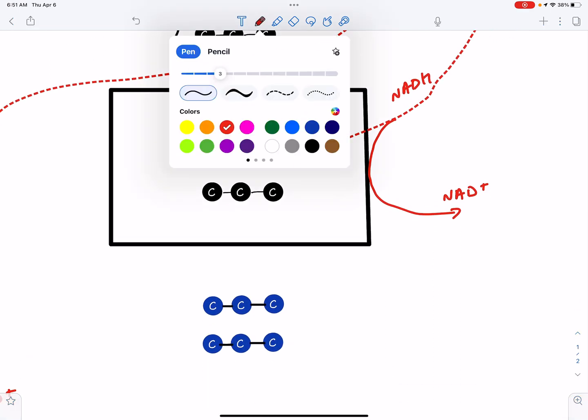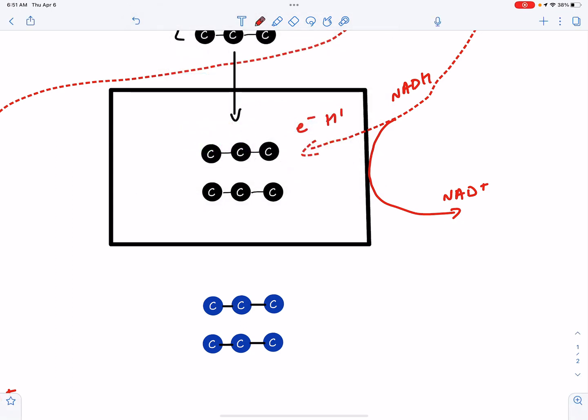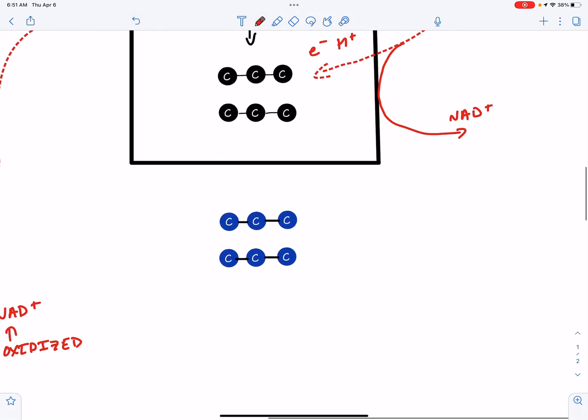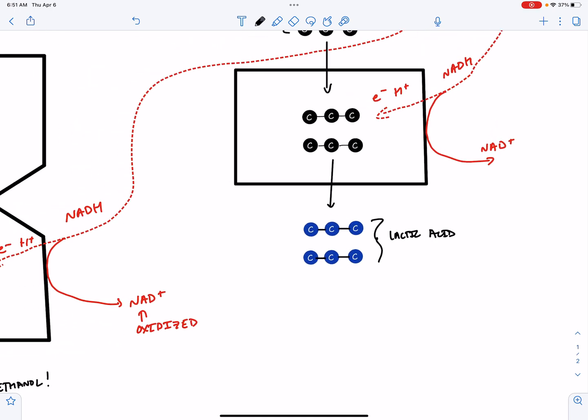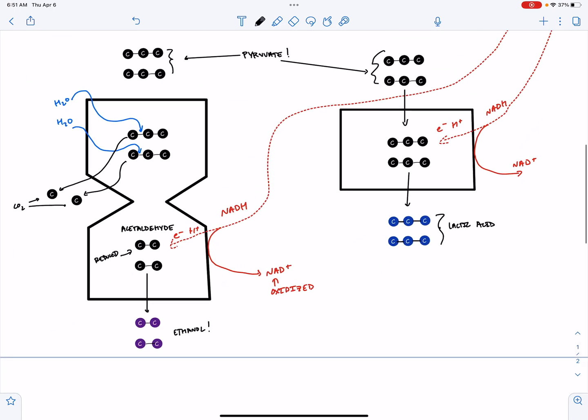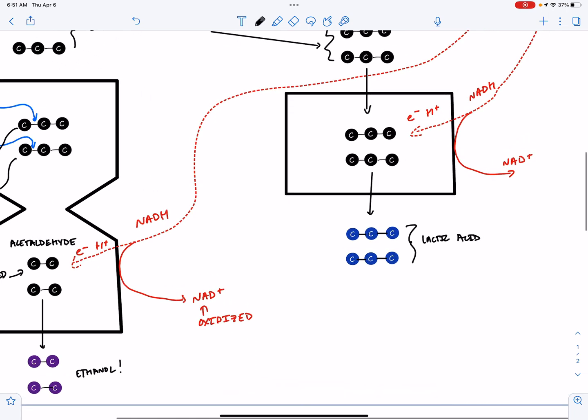And in the process of dropping off those electrons and also some hydrogen, out at the other end pops lactic acid. Now, you might notice that yogurt, for example, is a little bit tart, a little bit acidic.